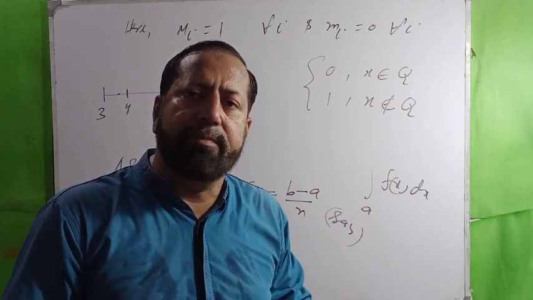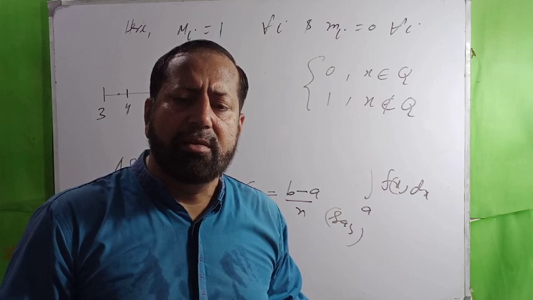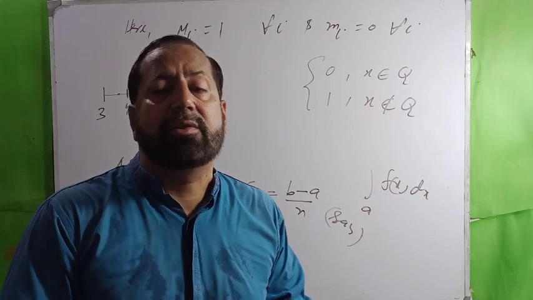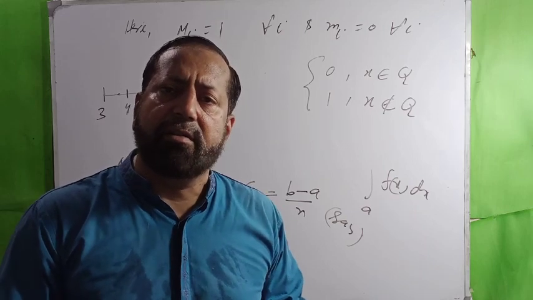You know the density theorem. The density theorem says that between two real numbers there always exist infinite rational numbers, and between two real numbers there always exist infinite irrational numbers.